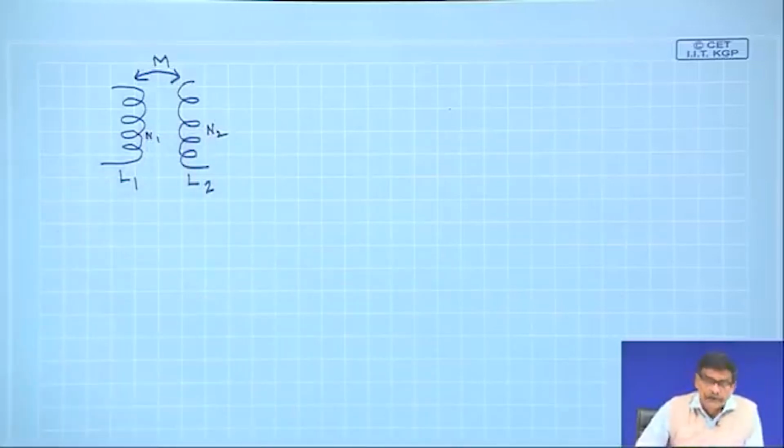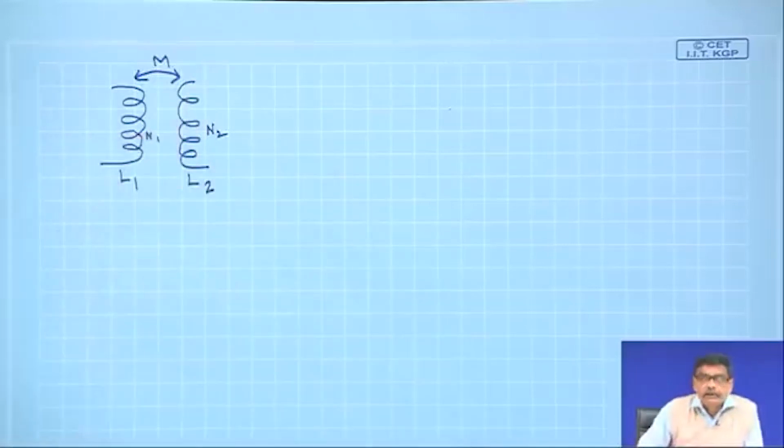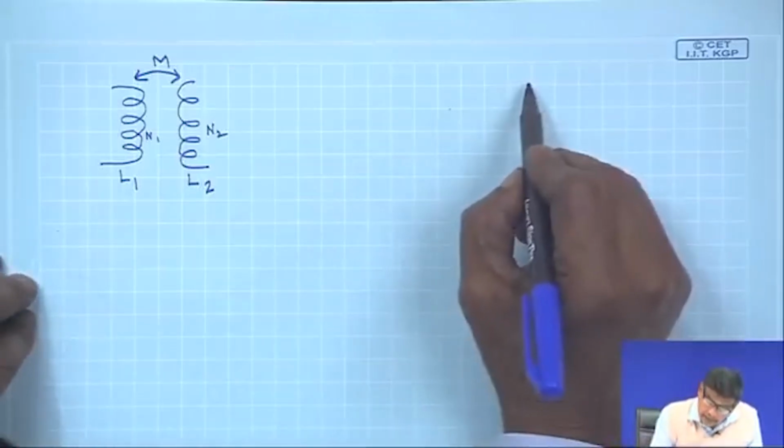One important thing we also have to show in coupled coils is known as the dot convention. So, listen carefully to what I am telling.